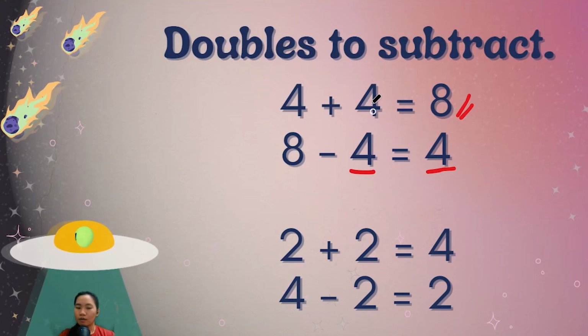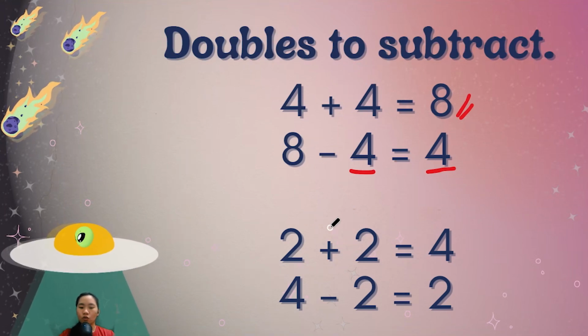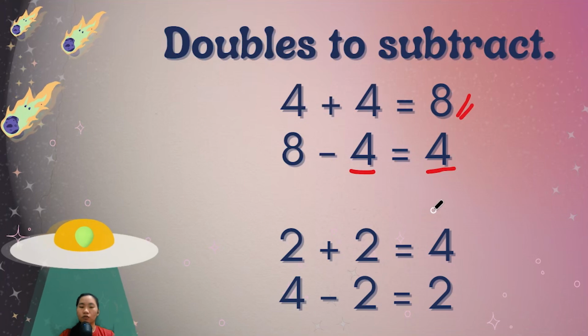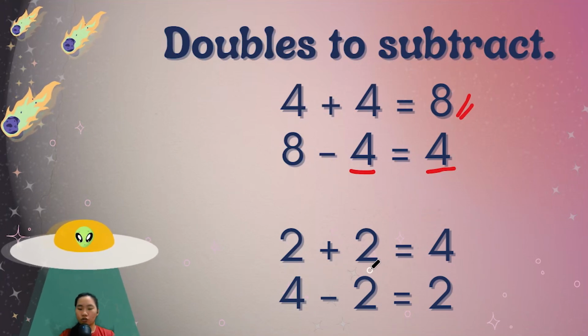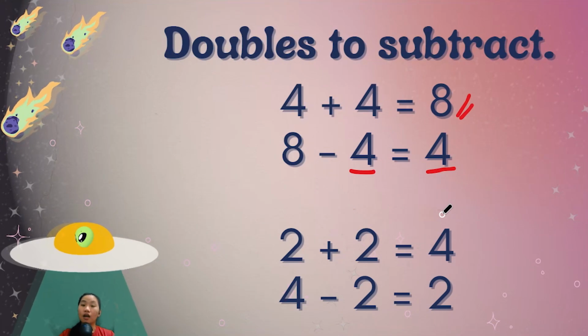And it's the same if these two are not the same number. Let me further explain. 2 plus 2 equals 4. 4 minus 2 is 2. 2 and 2 here are addends. 4 is the sum.